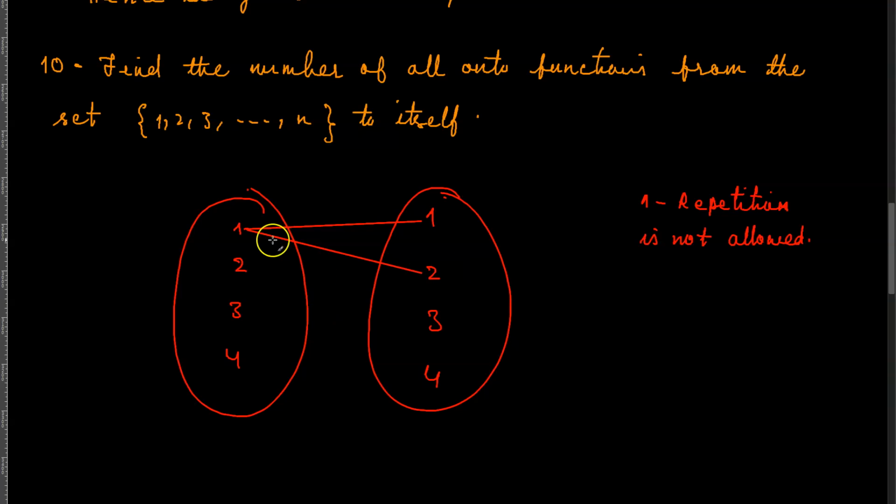So then I choose the second one. Then I can choose any other two of them. So I can choose the third one. And then I can choose the fourth one, and so on and so forth. And I can do this in any order that I want, meaning that instead of, for example, choosing one first, I can choose four first, and then I can go for three, and then I can go for one, and then I can go for two. And I can do this in any way that I want, right?